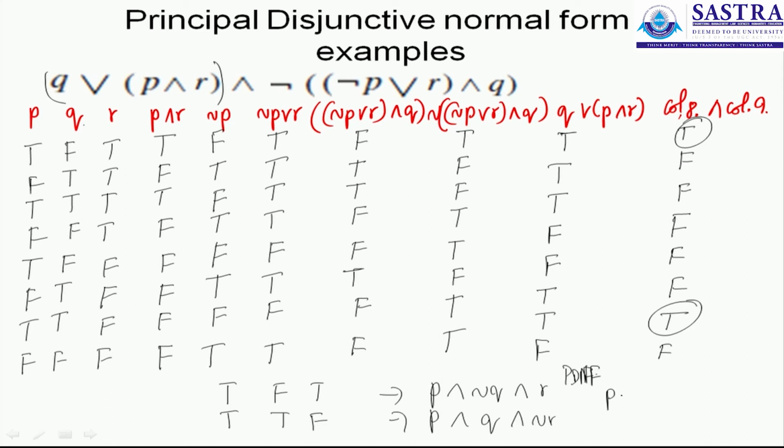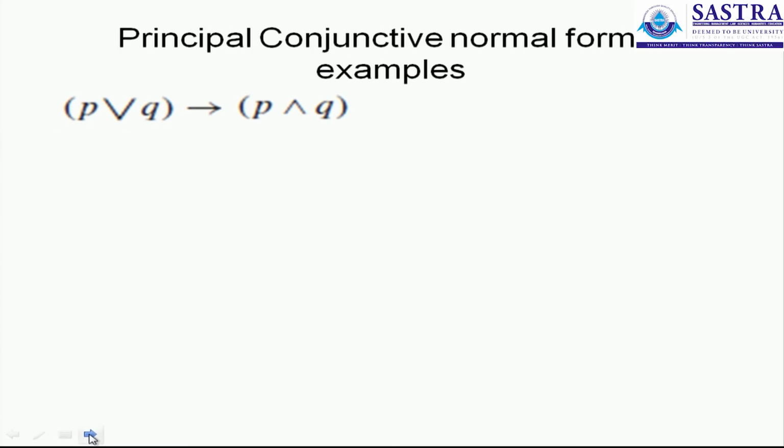So we'll have a P negation Q negation R disjunction with P, Q and negation R. So that is how you will have its PDNF. Now look at the last answer. It is easy to identify. Each term is a conjunction and they are added between. There is a disjunction, these two.